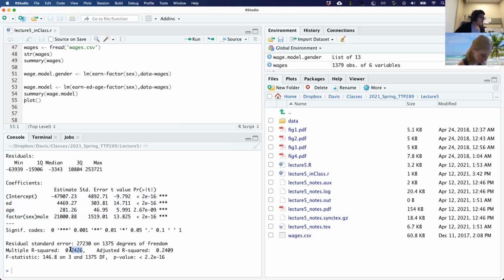The R-squared might be a little bit low. Let's look at some other diagnostic measures. What's another important one? The residuals. Is there anything systematically biased about this model?